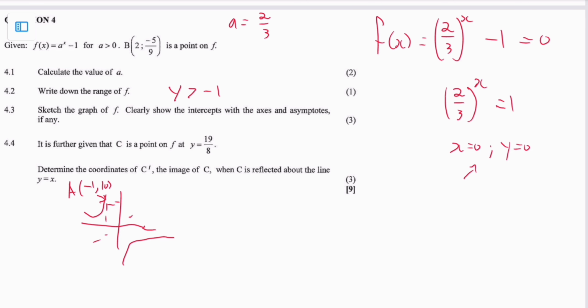So the x value is in the negative quadrant, 10 is positive. Now if you reflect that, this will be A prime. And so what you'll see here is that our x value is now positive and it's quite far to the right, it's 10. And our y value is slightly negative, it's negative 1. So when you reflect something, all you need to do is take the original coordinates and just swap them around. So x becomes y, y becomes x.